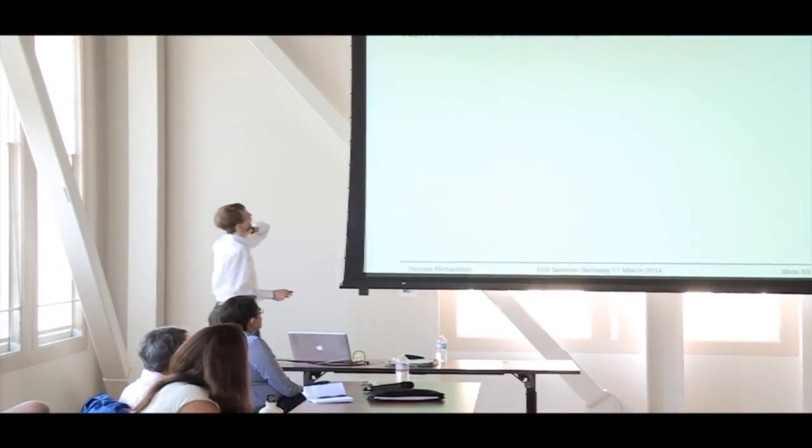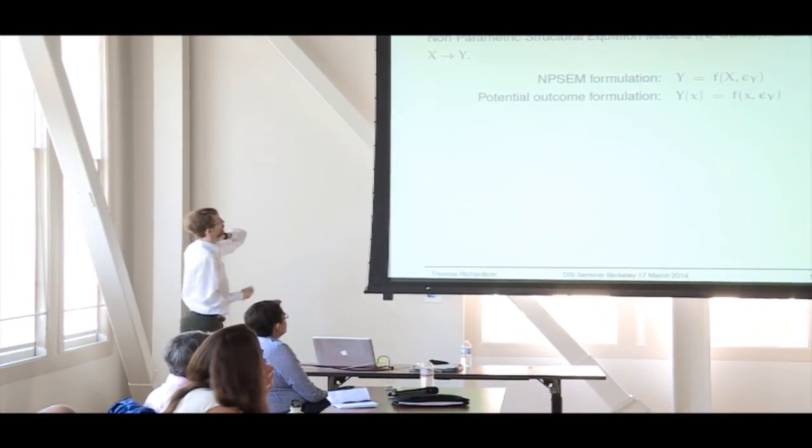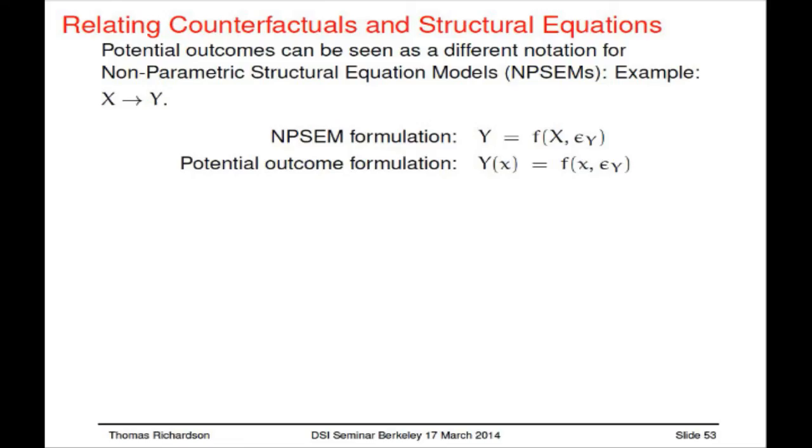So potential outcomes can... We can always write this as a non-parametric structural equation model. We say that y is equal to some function of x plus an error term for y. These are really identical notations for most purposes. There are some subtleties about situations with simultaneity and feedback, but I'm leaving those aside.